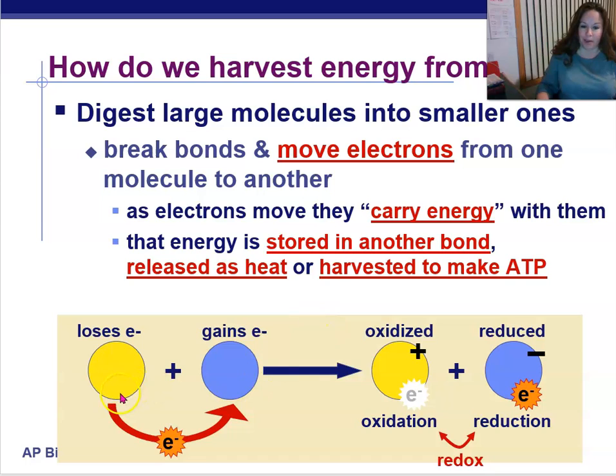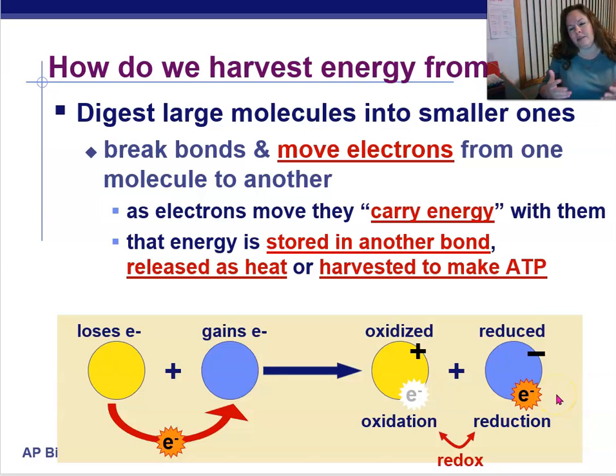All right, so if we remove an electron from one molecule, we say that that molecule becomes oxidized. Whenever you remove an electron from a molecule, it becomes oxidized. Whoever gains the electron becomes reduced. And that's easy to remember because an electron has a negative charge.